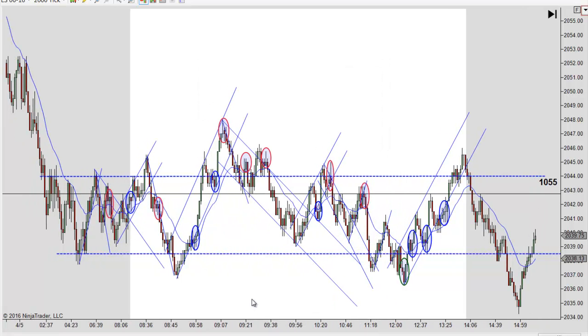But let's talk about the trades. You notice we had a failed breakout the top, failed breakout the bottom. We had a couple of them out the top really, but most of your resistance was right along this 2044, 2045 area, and most of your support was, average, right around the 2038 area, so to speak.